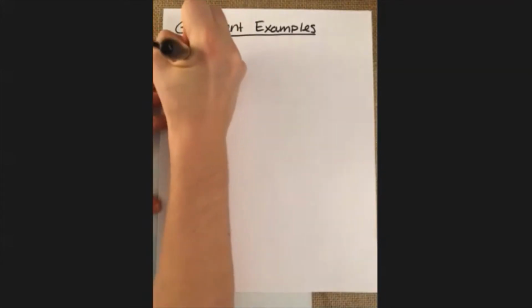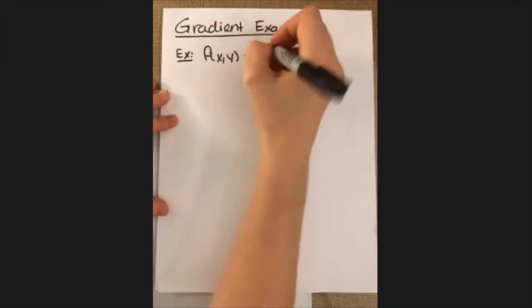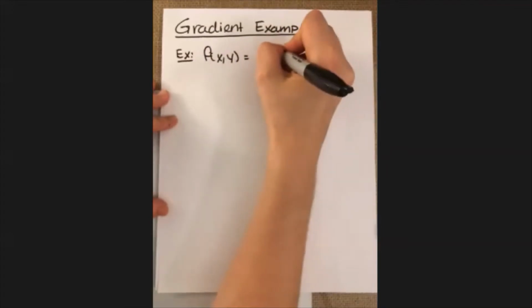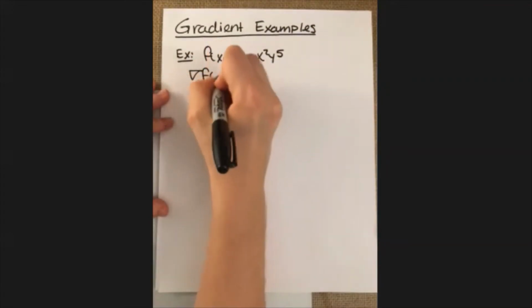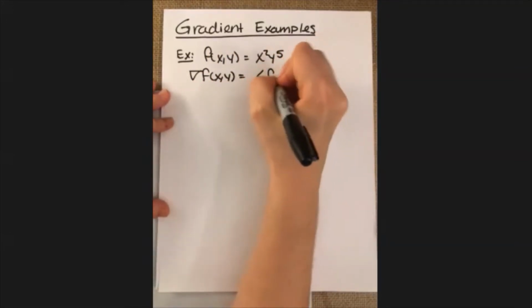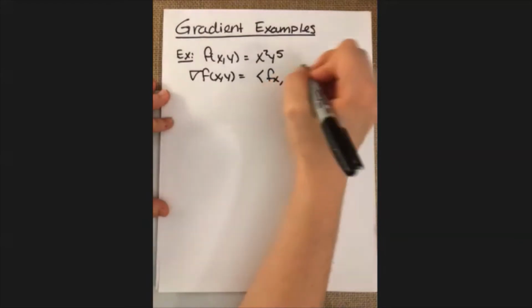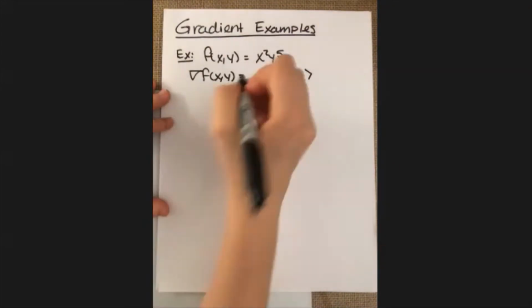Our first one is going to be f of xy is equal to x squared y to the 5th. And if we remember our definition of the gradient, what we are looking for is a vector that has the partial with respect to x in the x component and the partial with respect to y in the y component.